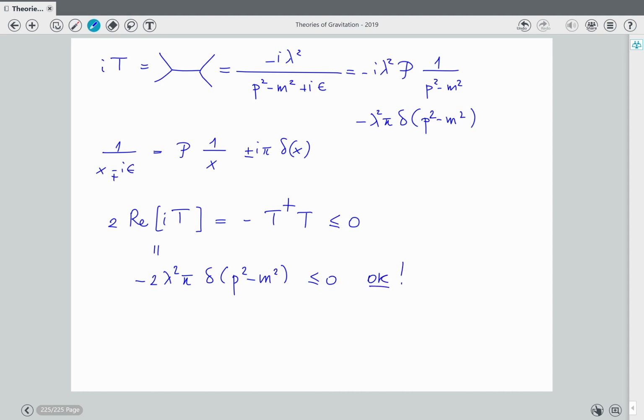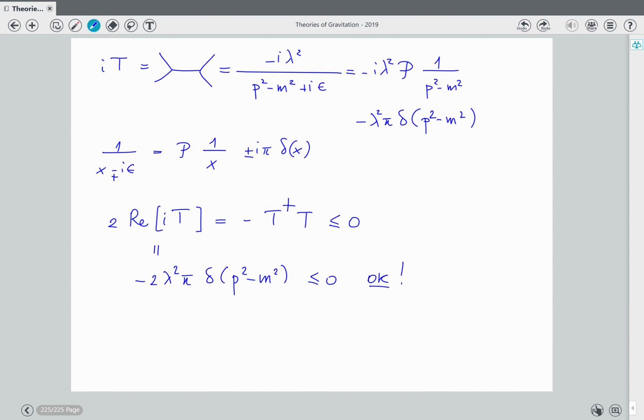And second, it tells you that you cannot, well, first you have to have a plus I epsilon or something, because otherwise you don't have the contribution on shell, which is the particle. Second, you cannot change the sign here, because if you change the sign to minus I epsilon, you would have a plus, and you would violate the optical theorem.